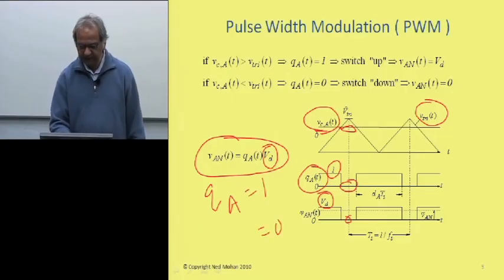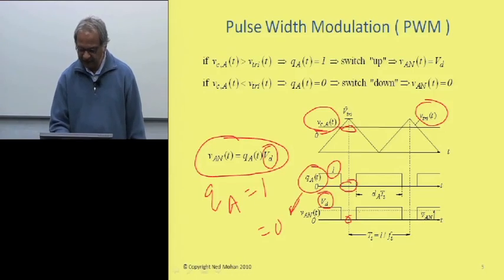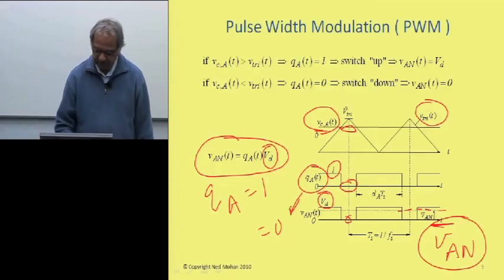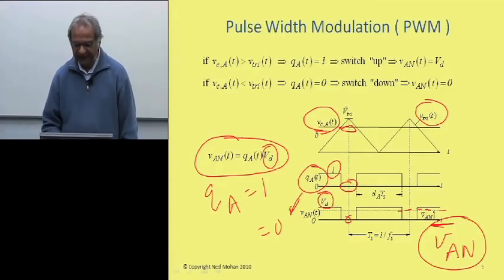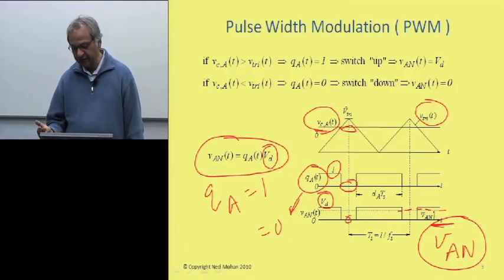So the voltage across the current port, I should say, looks like this, and it has this average value shown dotted over here, and this is indicated by putting a bar on top of this voltage symbol over here.